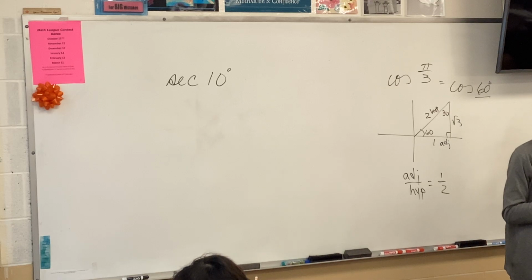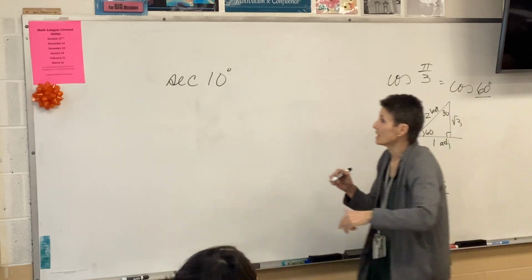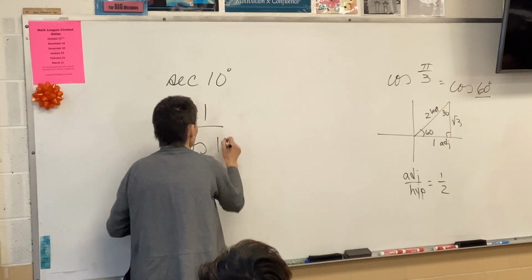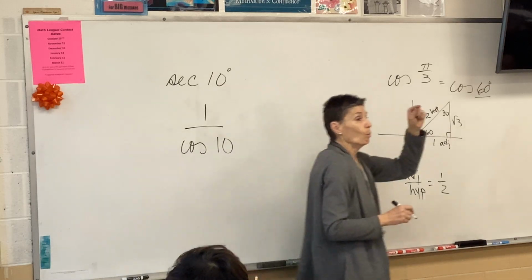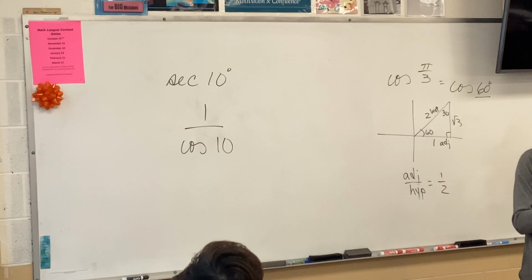Remember our orange sheet? We gotta memorize those things. So what I'm going to type in on my calculator is literally 1 divided by cosine 10. Everybody do that with me.